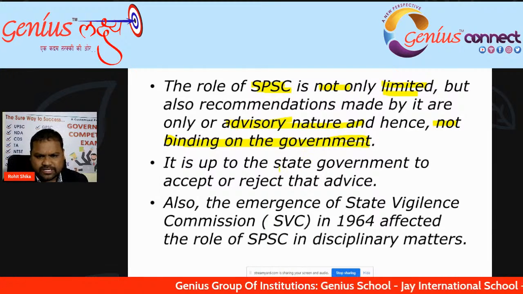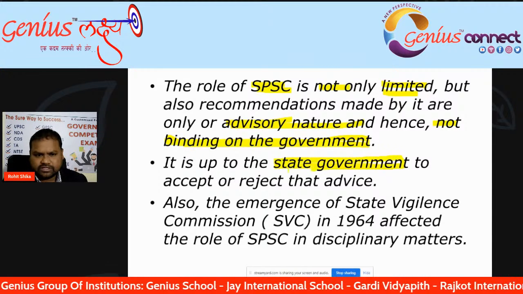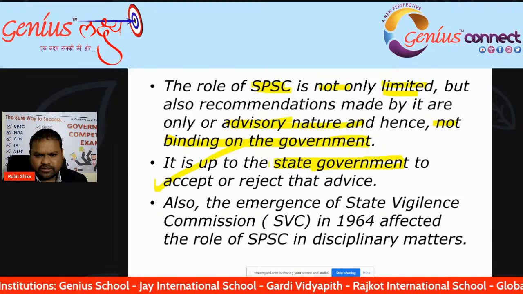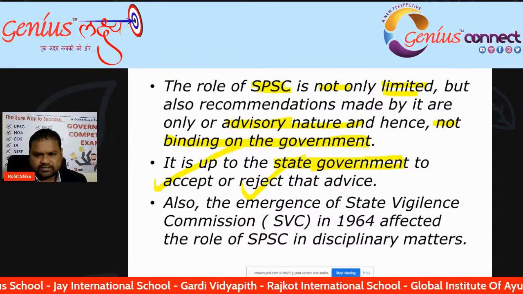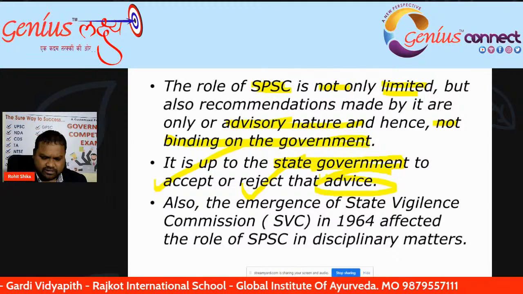It is up to the state government whether it can accept it, whether it can reject it, the advice given by State Public Service Commission.